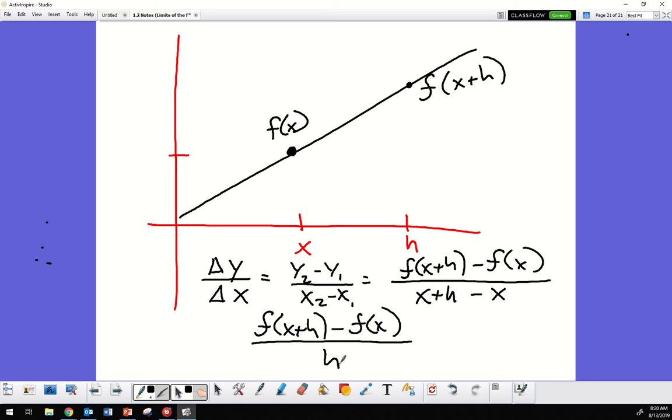So what does this actually do for me? It finds the slope at a point, when I know the x.